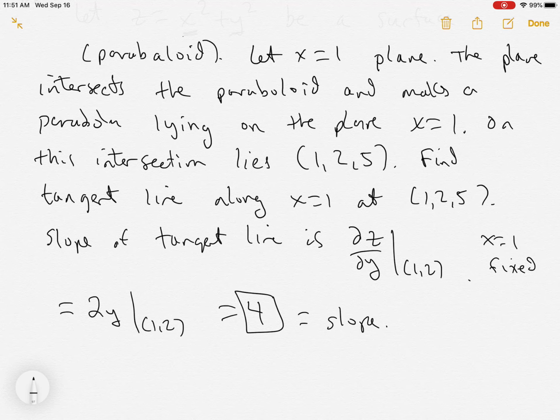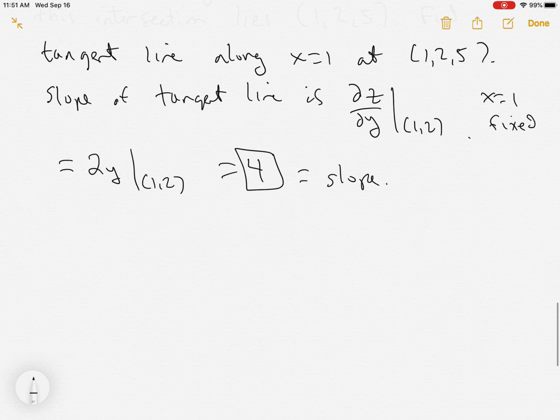Okay, so here's where it gets fun for me, and hopefully for you too. The equation of a line in three space looks like this.